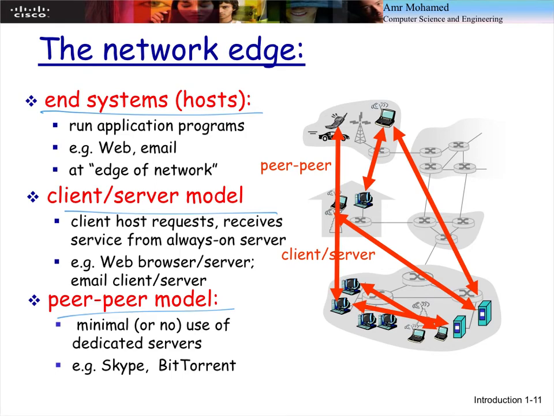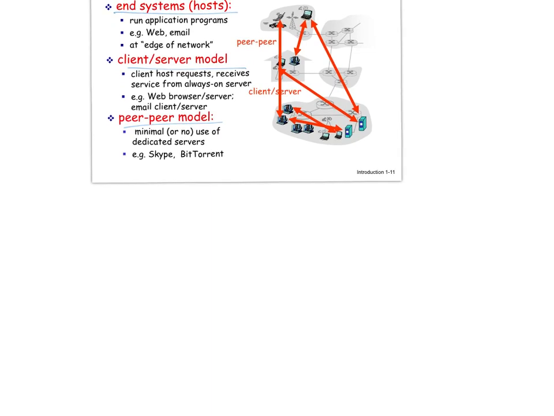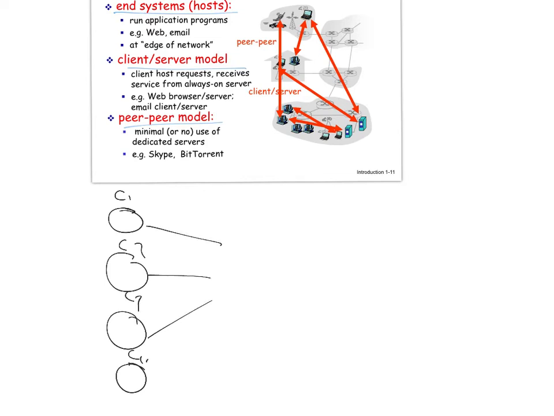So the main difference between client-server and peer-to-peer is that for client-server you naturally have many clients. It's many to one, basically. So this is client 1, client 2, client 3, client 4, and so on. All of them request the service from one server.